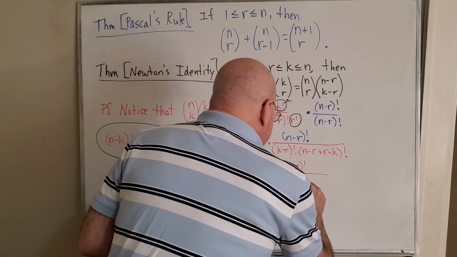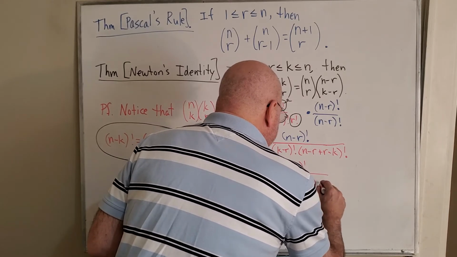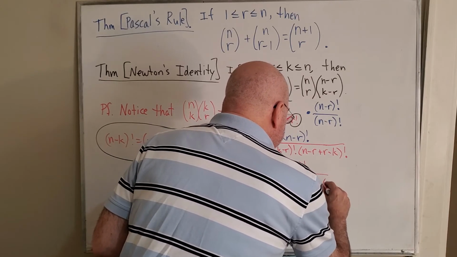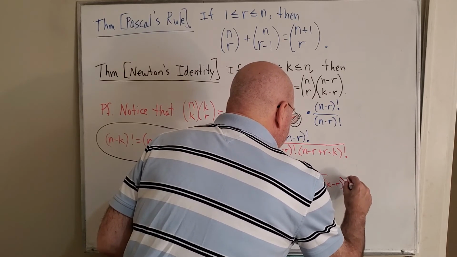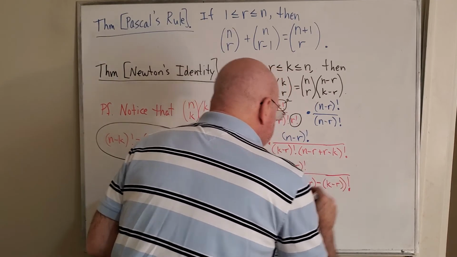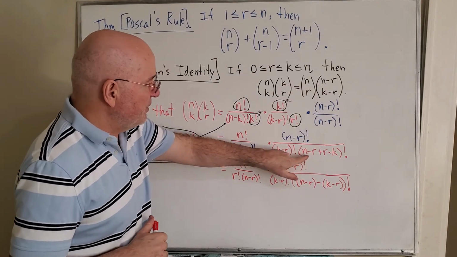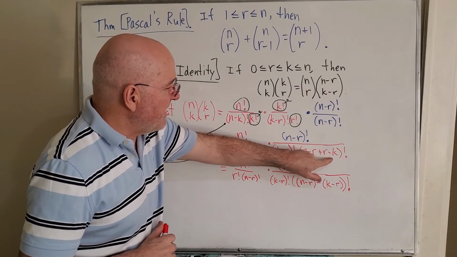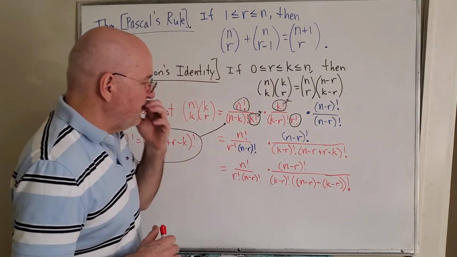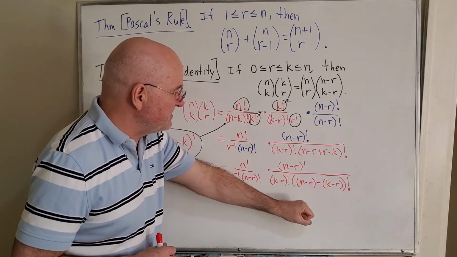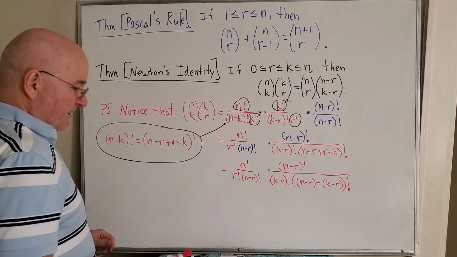We'll notice that this can be written as n minus r in parentheses minus k minus r in parentheses. So the only thing I did was change this. Notice it's n minus r minus k plus r. But if I put them in parentheses, I have to change the sign. So this is minus k plus r, just exactly like that. I think we're done.